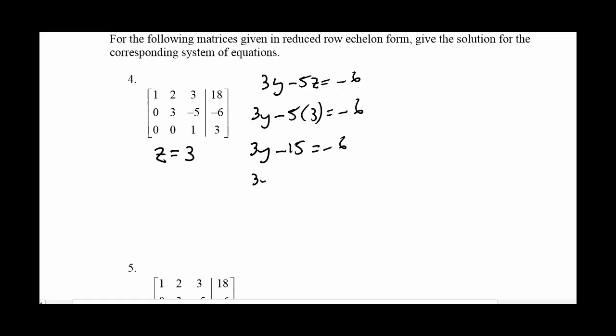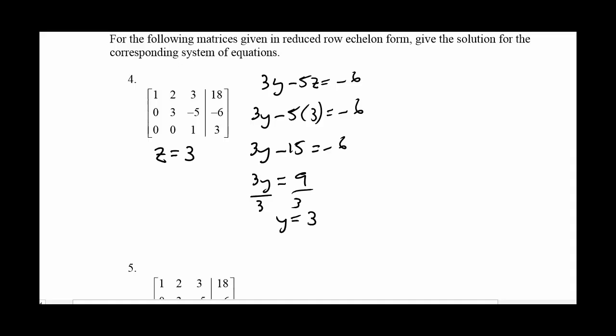So 3y minus 5z equals negative 6. So then I can substitute in what I found from the previous step. So 3y minus 15 equals negative 6. And 3y, let's see, bring the 15 over. So that'll put that at 9. So that means y is equal to 3.